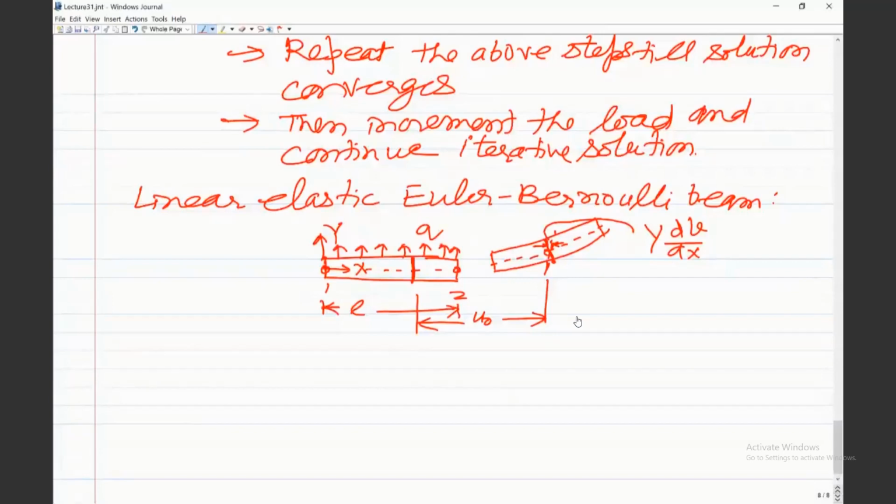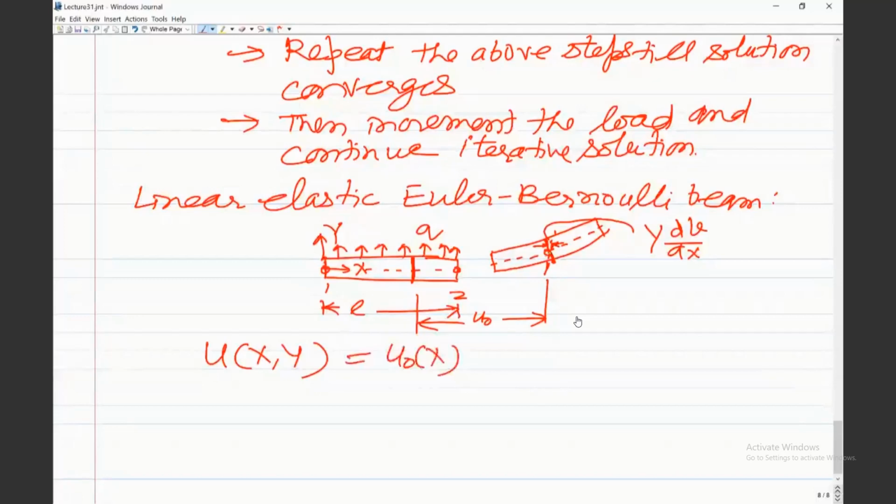Now for the finite deformation, we are also considering u naught. Otherwise, in the Euler-Bernoulli beam under transverse loading with small deformation, you don't consider u naught, but for finite deformation we have to consider u naught, because the middle surface would actually stretch. So now u of x, y, which is a function of x and y, is written as u naught of x.